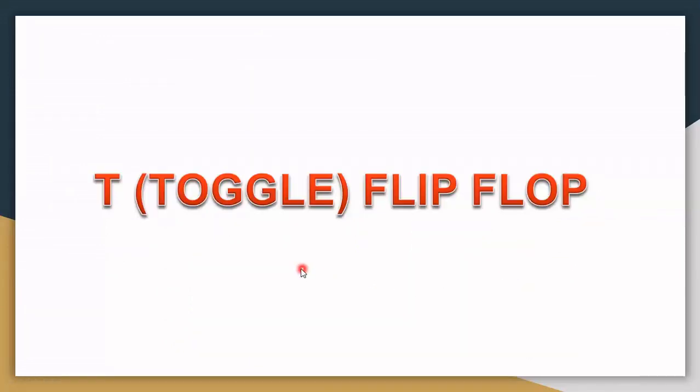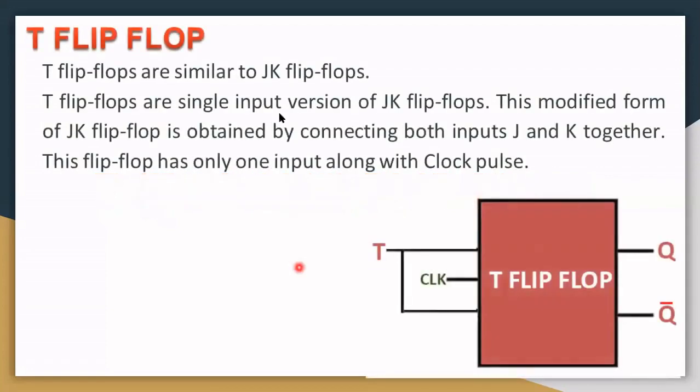T flip-flop, also called toggle flip-flop. T flip-flop is an advanced version of JK flip-flop in which we have only one input instead of J and K. So T flip-flops are single input version of JK flip-flop.